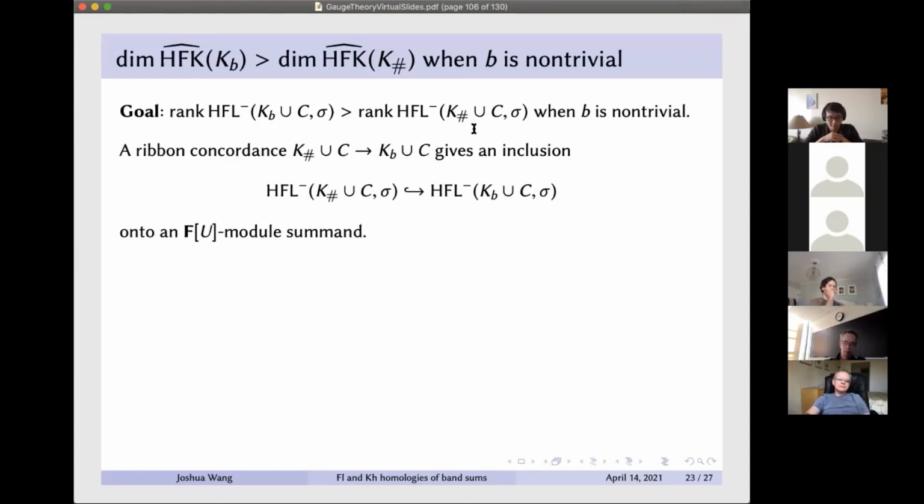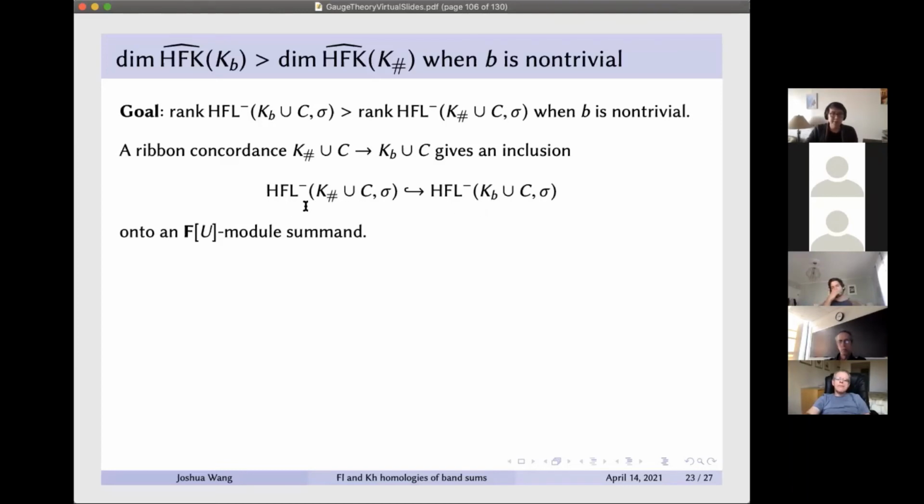Right off the bat, what we can do is take Miyazaki's ribbon concordance construction and get a ribbon concordance from K sharp union C to K_B union C, and then use Zemke's argument to obtain an inclusion of the link Floer homology group of K sharp union C onto a direct summand of the link Floer homology group of K_B union C. And it's an inclusion onto an F[U]-module direct summand in a grading preserving way.